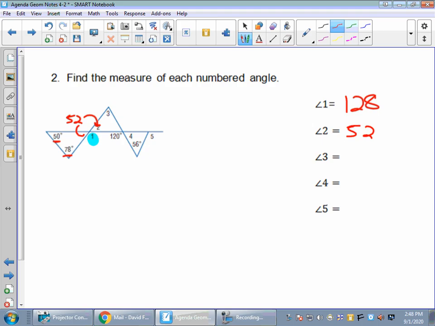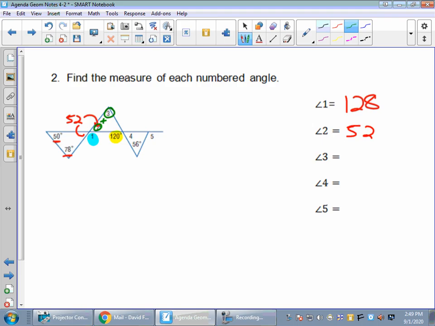All right, now let's move on to angle 3. If I'm trying to find angle 3, I know that this 120 that's sitting over here is an exterior angle, so that would equal this 52 here plus angle 3 here.